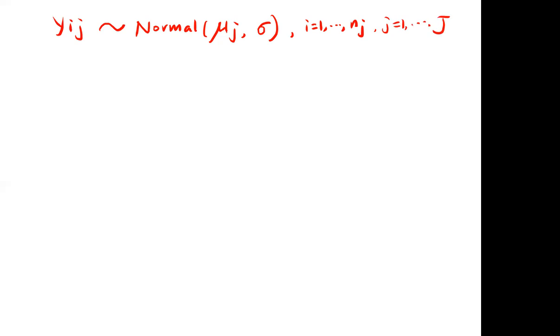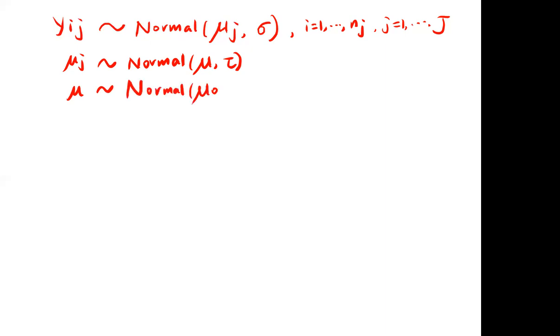So that's the data model, and we know that the prior we have for the mu_j is a two-stage prior. We have mu and tau as the mean and standard deviation for all of the mu_j's, and then we put a hyperprior for mu as normal with mu_0 and gamma_0.